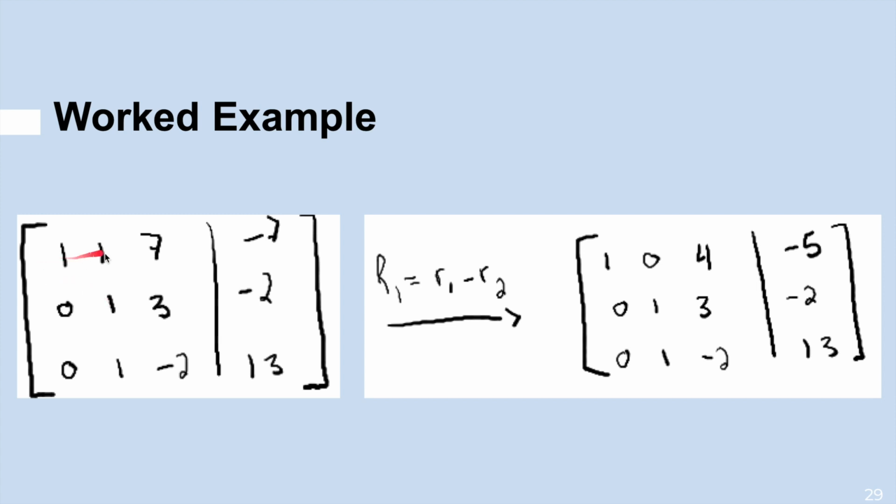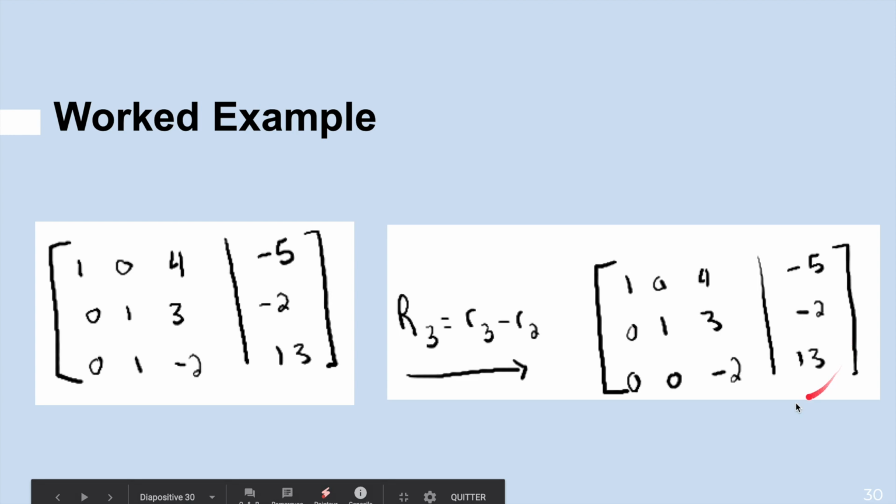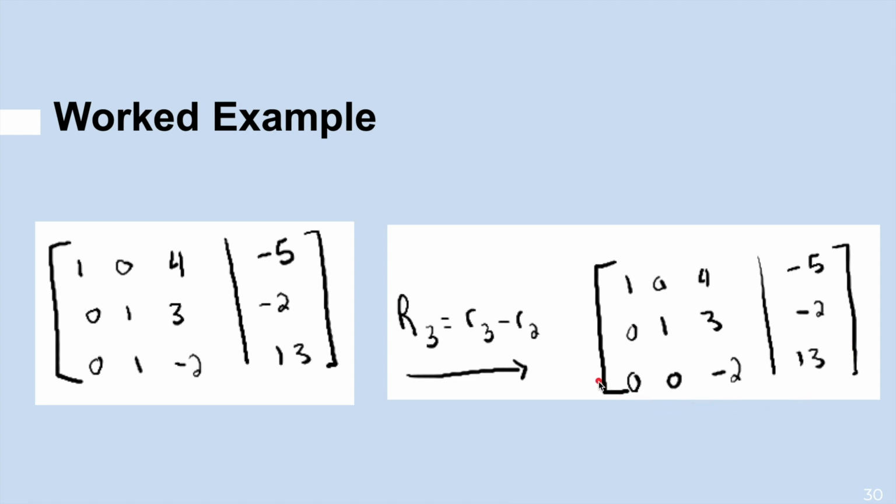So let's do row 1 minus row 2. And that's what we have. So we have our 0 here now. Next, we want to make this number a 0. To do that, 1 minus 1 is 0 again. So this entire row minus this entire row. And now we are left with this matrix. Again, you can pause, take a second, figure it out.